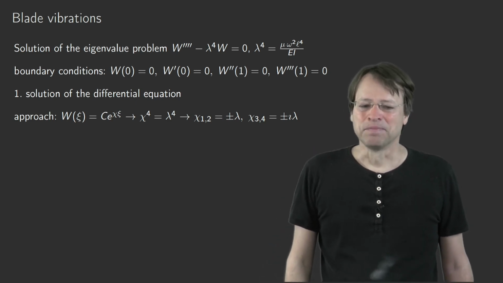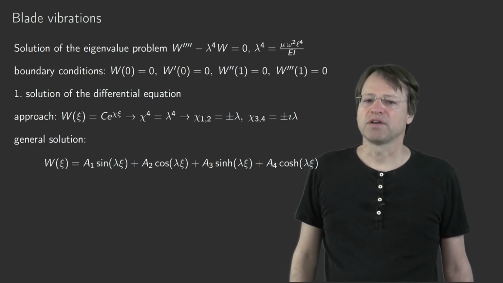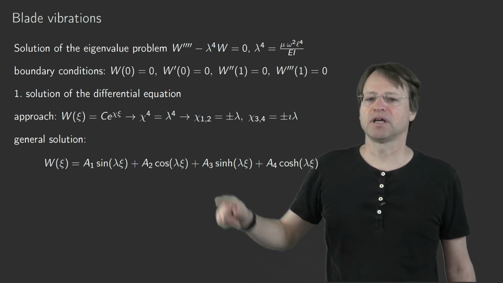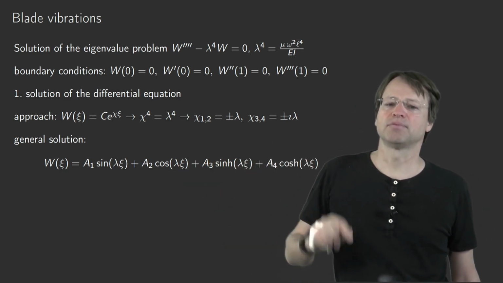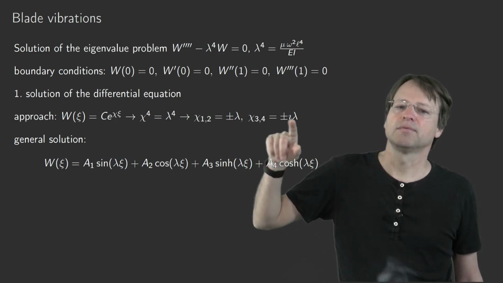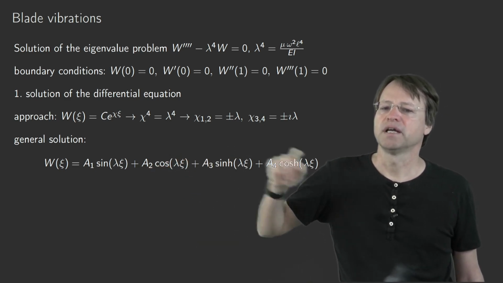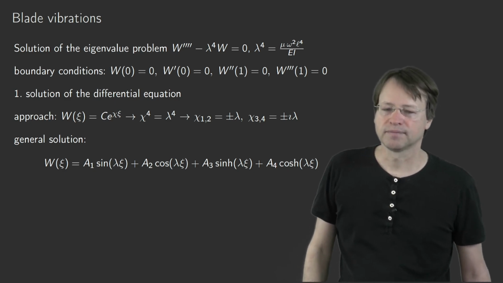Okay, so our general solution is now composed of four terms: a sine harmonic with respect to lambda psi, a cosine harmonic with respect to lambda psi, and a hyperbolic sine and a hyperbolic cosine function. As we are dealing here with the same value of lambda, we always find as an argument the product of lambda and psi.